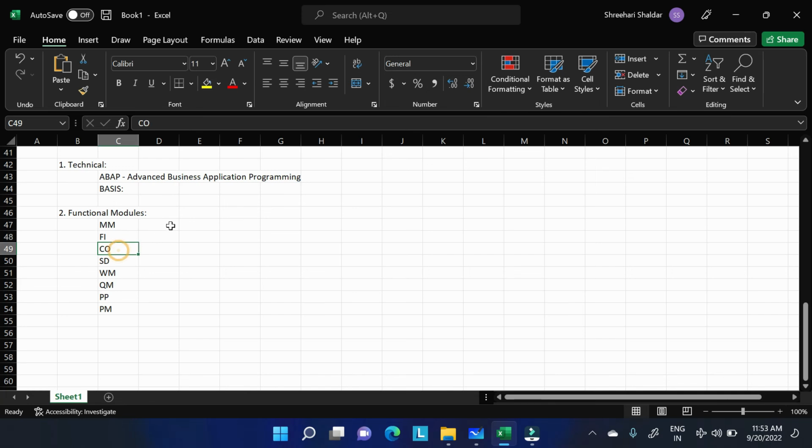Even the controlling will take care of that material, and SD, how to sell that material, for which particular price they have to sell it. Warehouse management will store that material, where to store and how to store, all these things will be maintained by the warehouse management. And quality management will be testing the quality of that particular material. If the materials are in batches, or what the quality is, everything is maintained over here.